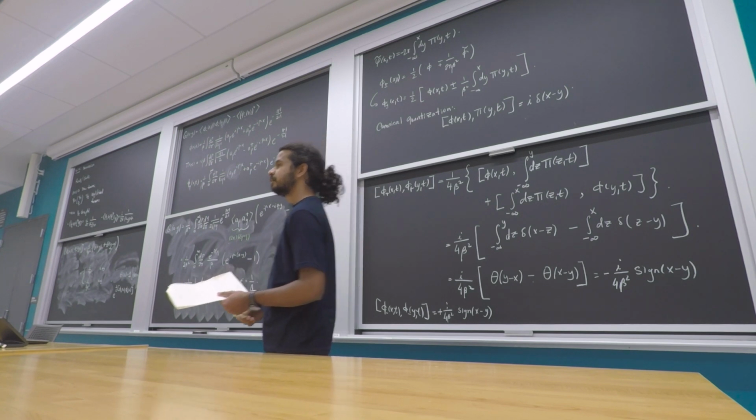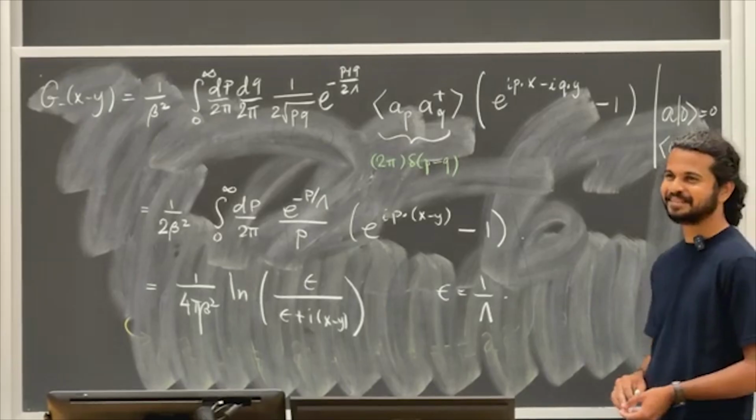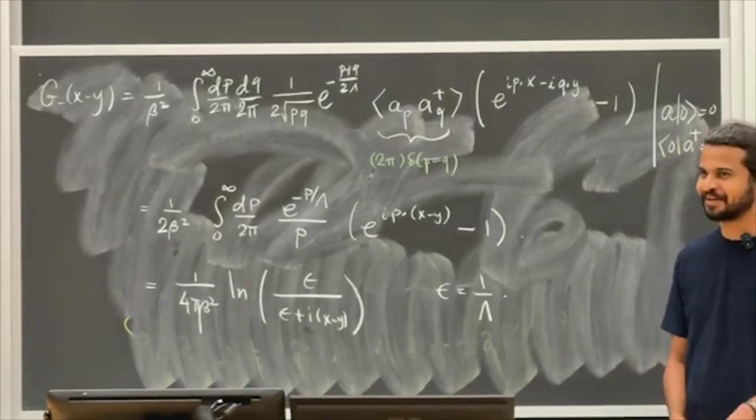Just out of curiosity, if I take these A_P's and I have the canonical commutation relations for them, and then I take that expression for phi minus and calculate that commutator, you get 0. Yeah. Okay. That's another confusion that I have.